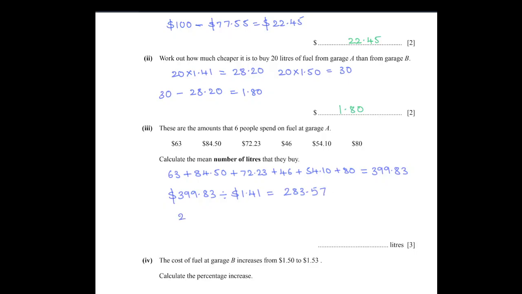Now this should be divided among 6 people. We need the mean, right? So the mean is equal to 283.57 liters divided by 6. If I divide by 6, I will get 47.261.